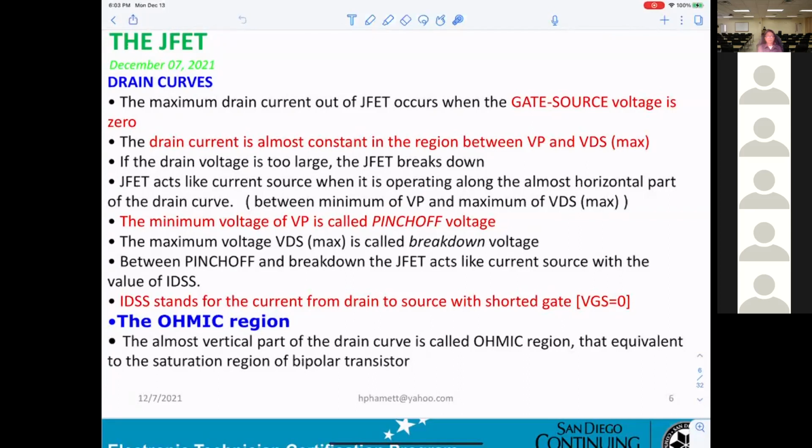No. Okay, we're just talking about basically the JFET, not trying to see how they affect something else. Don't try to confuse that.